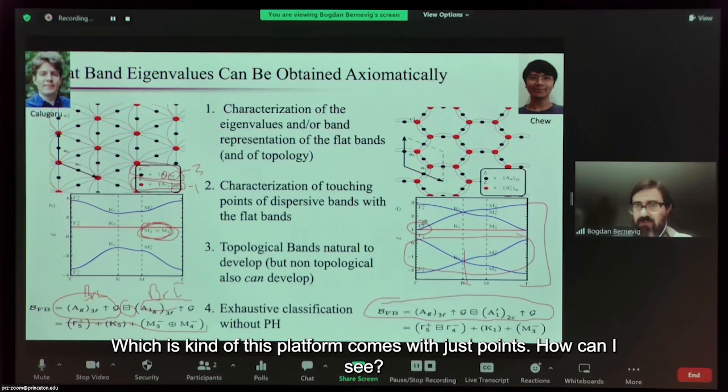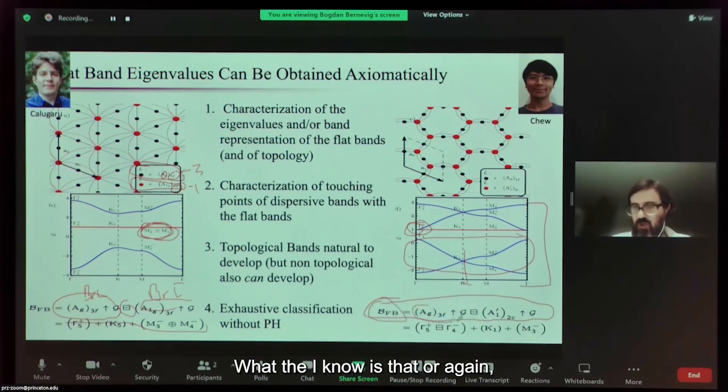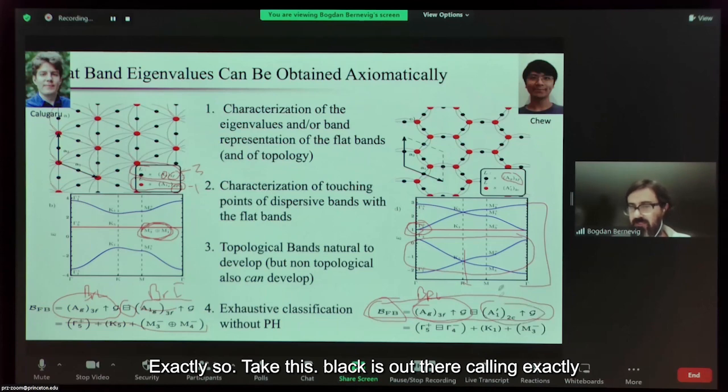How do I see this degeneracy point? Well, it's very easy to see axiomatically. And the way you see it is you just do, again, the eigenvalues of the flat band are the eigenvalues of the atomic sites on the L lattice. So this is the band representation of the L lattice, which is just S orbitals in one carbon, minus the band representation on the L tilde lattice. Okay.